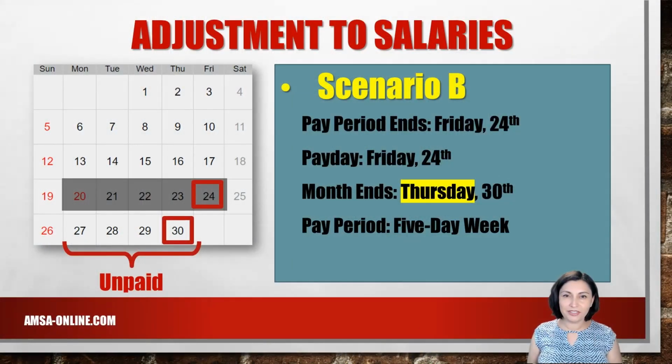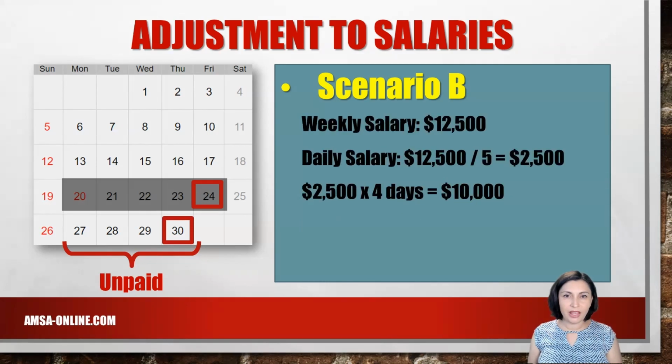Now let's look at scenario B. In this scenario, the accounting period ends on Thursday. In this case, salary is accrued for 4 days, Monday through Thursday. As in scenario A, we divide $12,500 by 5 days and then multiply per day rate by 4 days in the accrual period to get salaries accrued of $10,000.